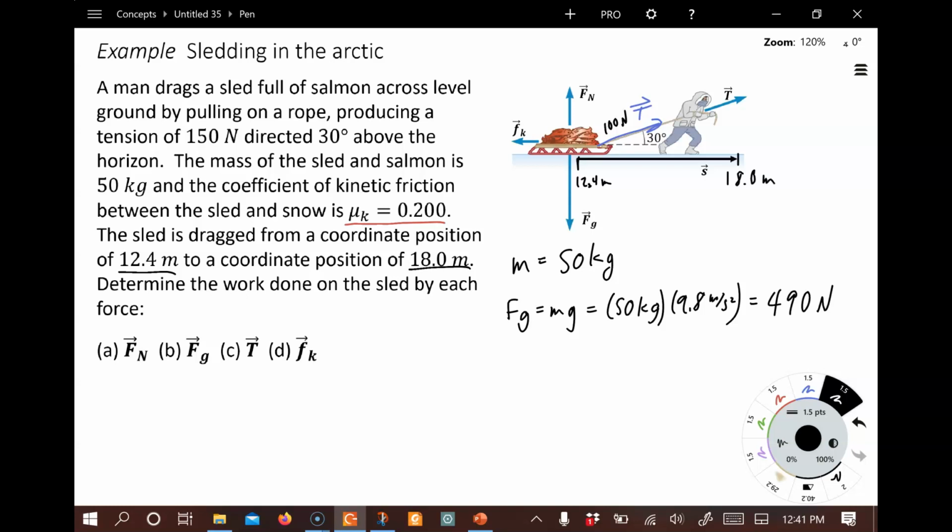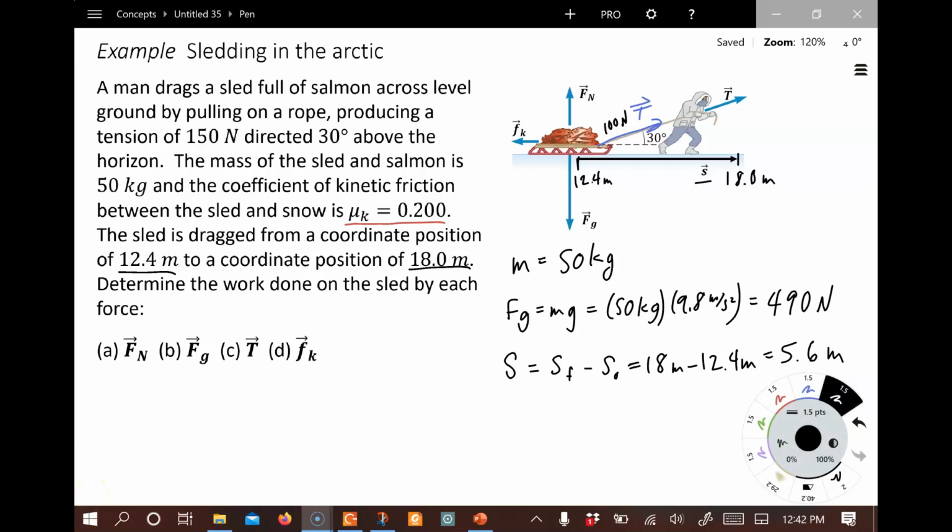And so we can calculate the magnitude of the displacement S. That's going to be S final minus S initial. And that's going to end up being 18 meters minus 12.4 meters, which gives us 5.6 meters for our displacement here.